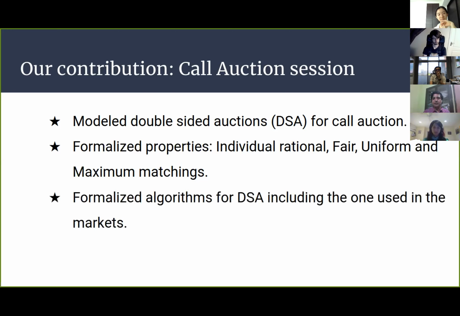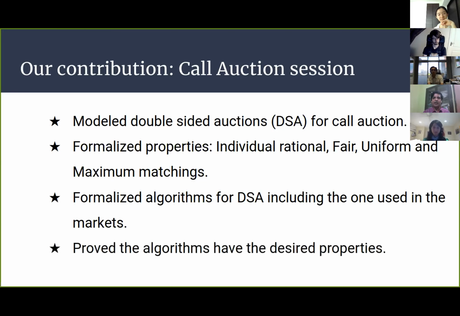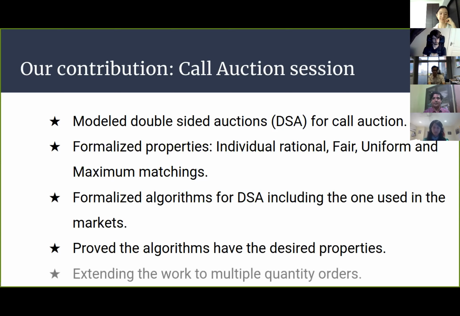We have formalized two classes of algorithm for double-sided auction, including the one which is used in the market. And we have proved that these algorithms have the desired properties. Now we are extending this work for multiple quantities. Note that this work was done for a single quantity trade request.